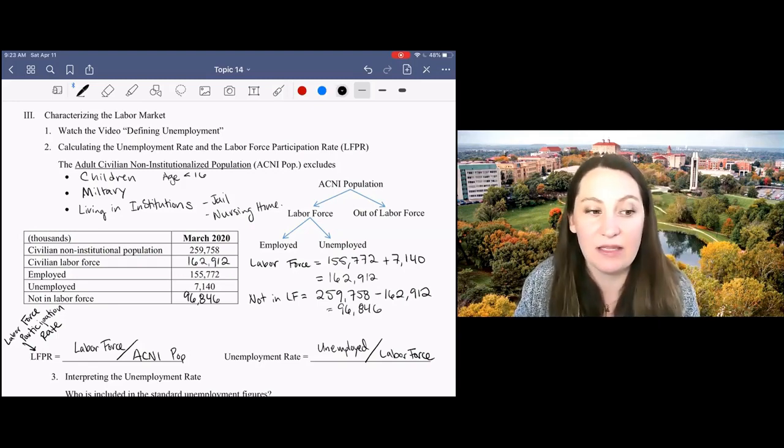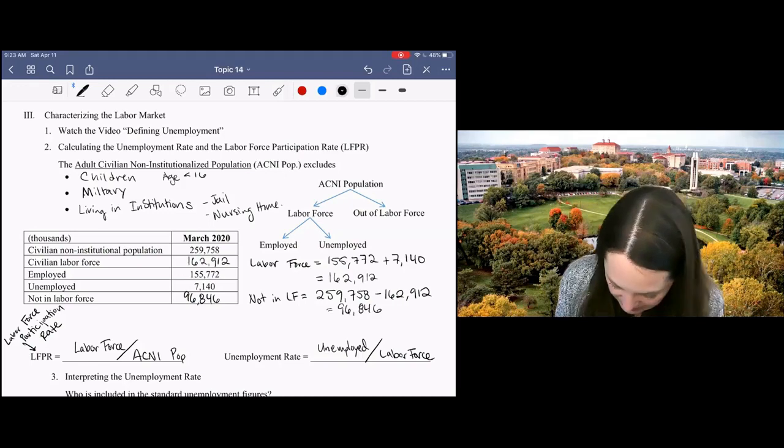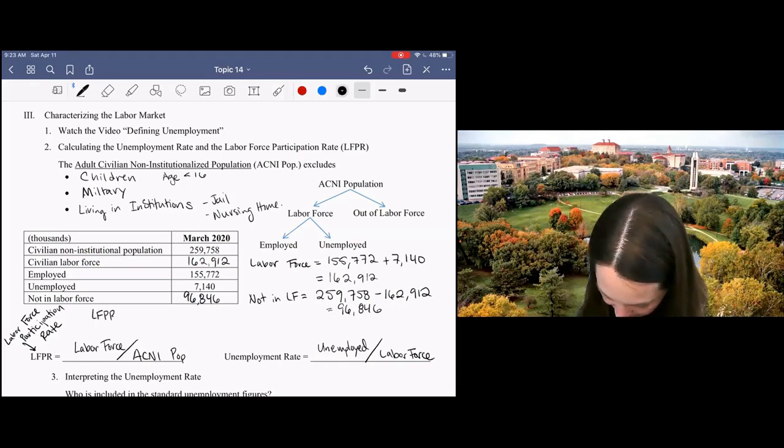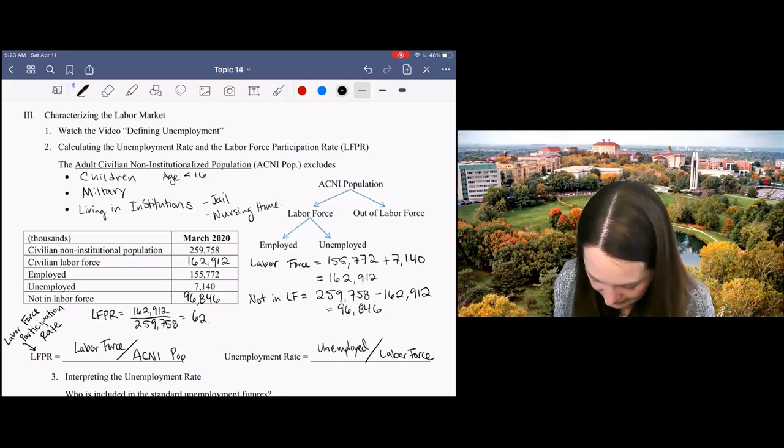Let's go ahead and calculate the unemployment rate and the labor force participation rate for last month. So the labor force participation rate is going to be the number of people in the labor force divided by the number of people who could be in the labor force, the adult, civilian, non-institutionalized population. That's going to give me 62.7%.